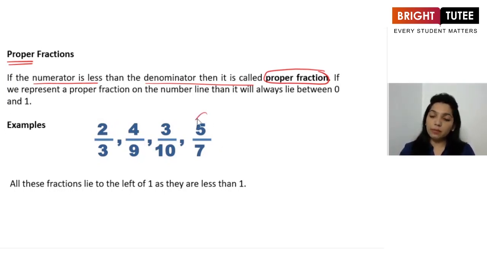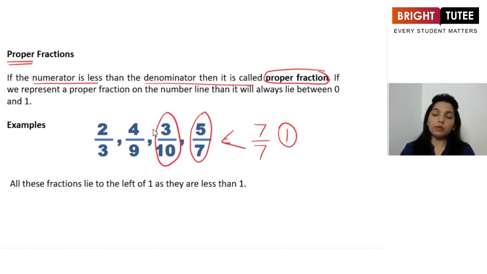For example, 5 over 7. It is smaller than 1. Why? Because 1 is basically 7 over 7. And we can clearly see 5 over 7 is smaller than 7 over 7. So this is smaller than 1.